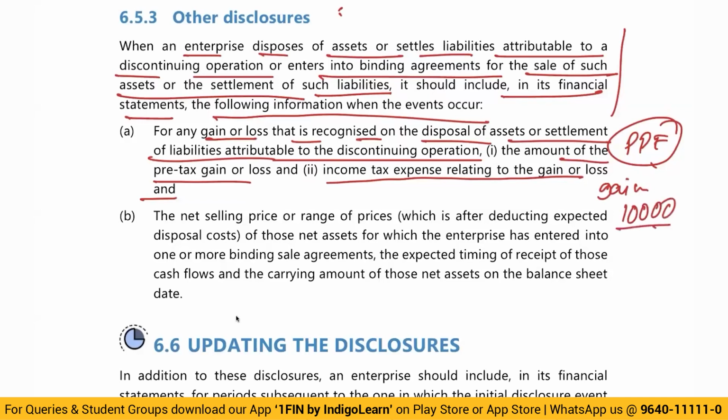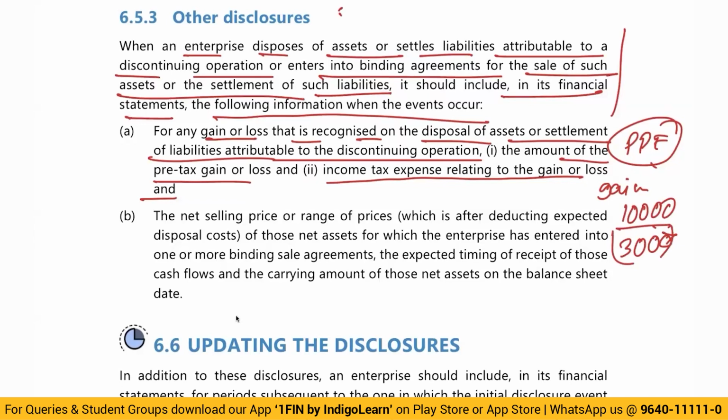This gain has to be disclosed on a pre-tax basis. Then tax expense, let us say 3,000, has to be disclosed separately. Same way, if there is a loss, whenever an asset is being sold or a liability is being settled, report the gain or loss and the income tax implication.